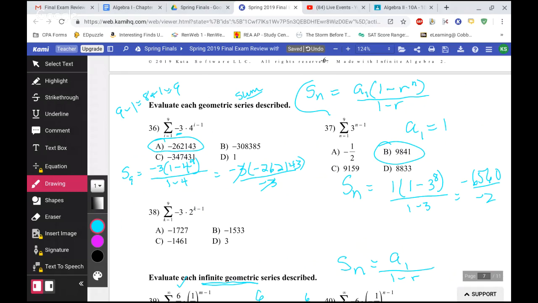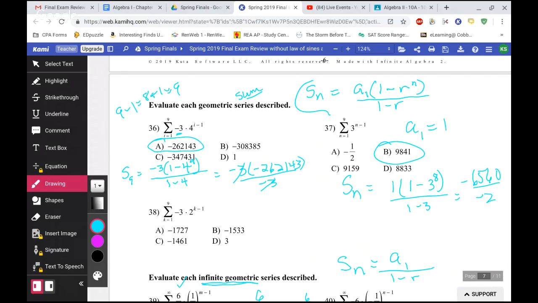Hey, Rachel, are you still with me? She is not. Alex or Anna, are you still with me? I'm here, and I think it's 3 to the 9th instead, because when I did it with 3 to the 9th, I got B. But it shouldn't be, because it's 3 to the n minus 1.